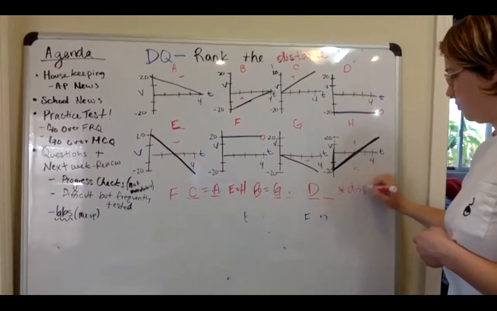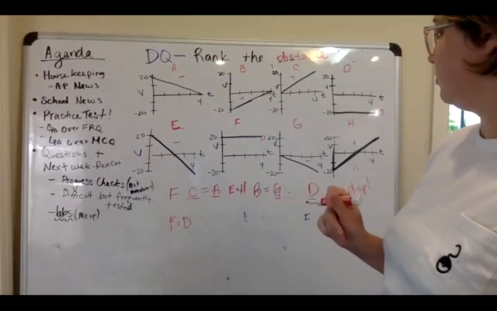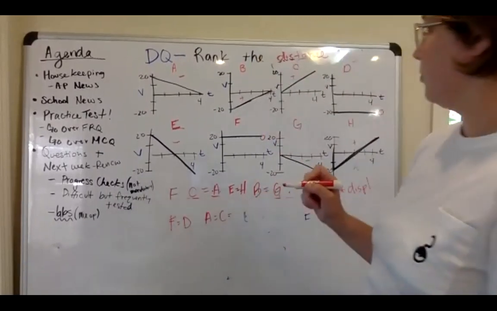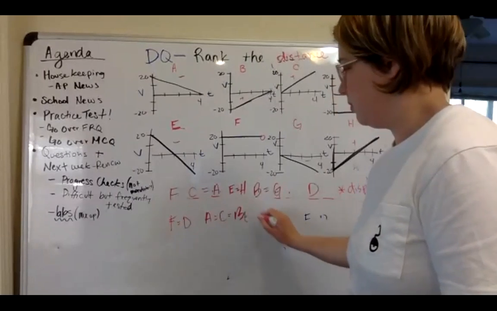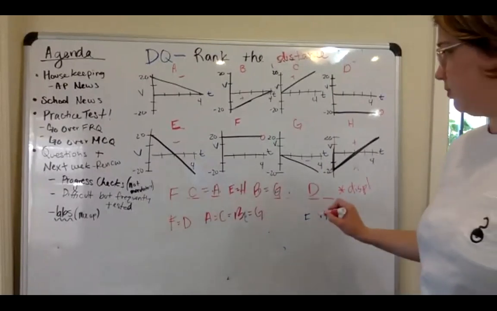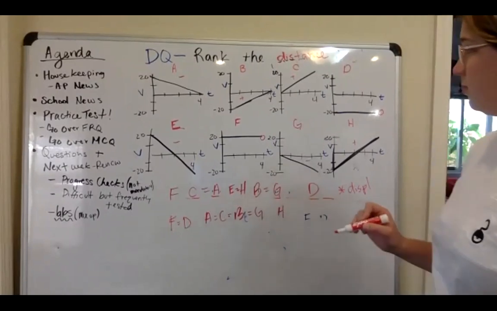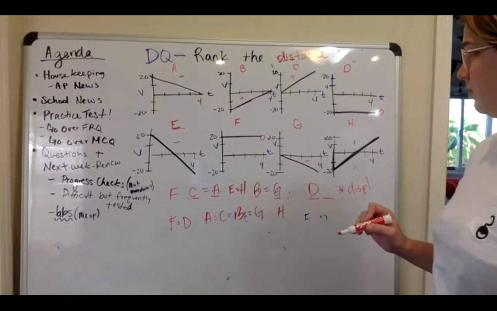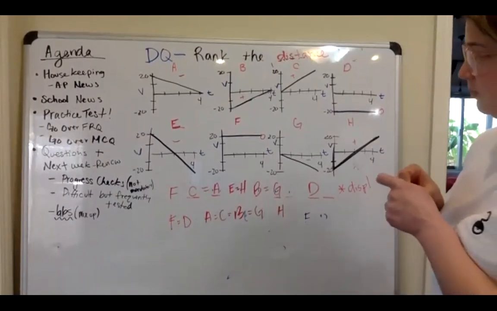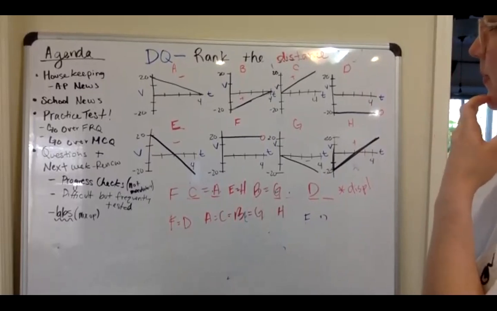F is equal to D. A is equal to C, which is equal to B and G. What about H and E? Because it's absolute value, right? Yeah, H and E would be equal.